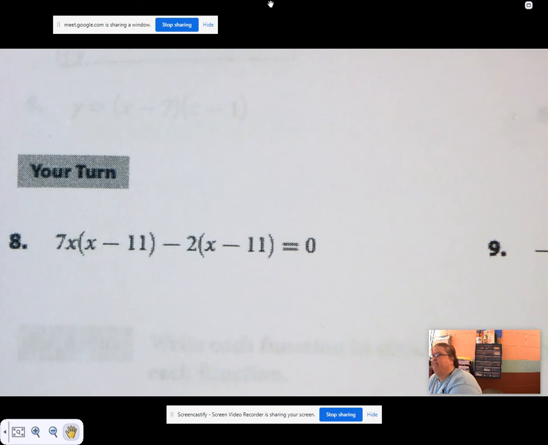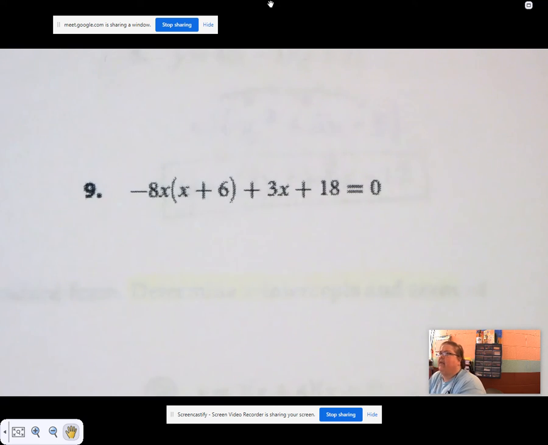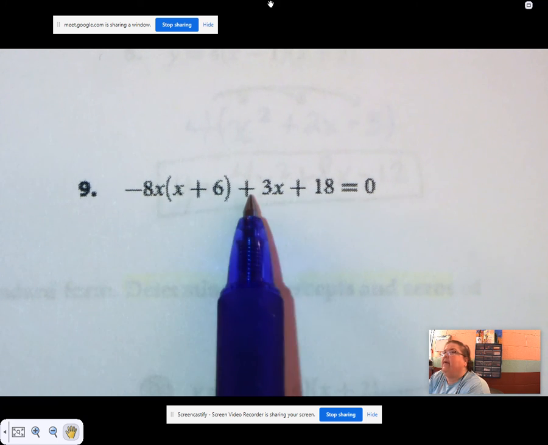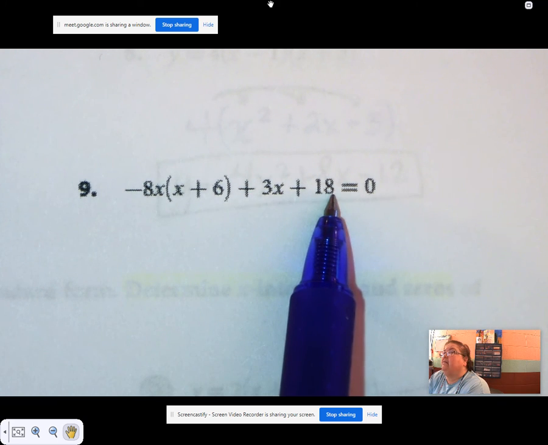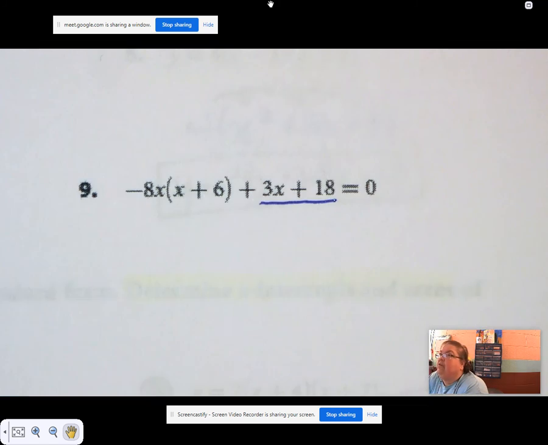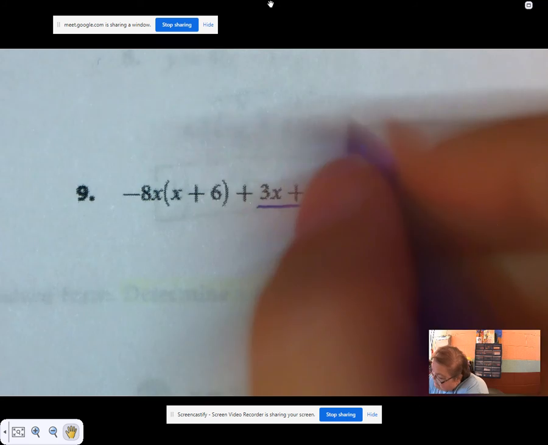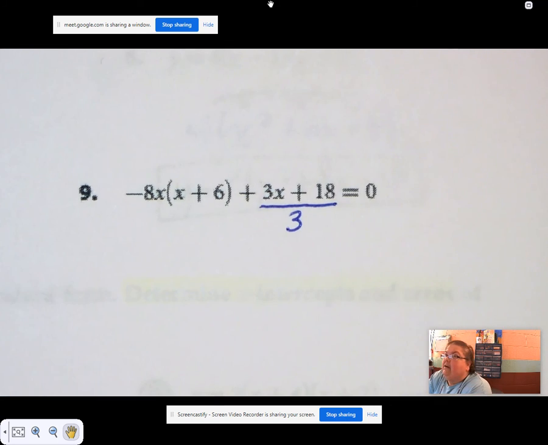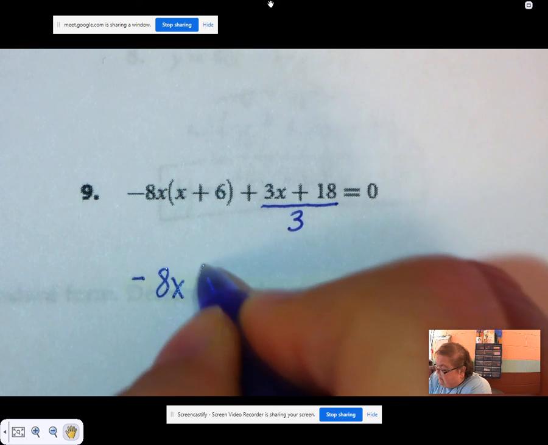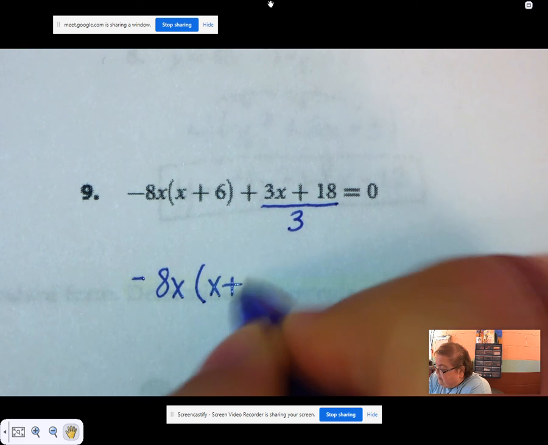Number 8. I'm sorry, number 9. Number 9 does not have two parentheses that are exactly alike, but I can make it like that. What will go into 3 and 18? 6 will not go into 3. There it is. Okay? So I have -8x times x plus 6.